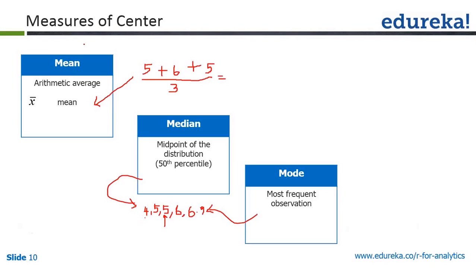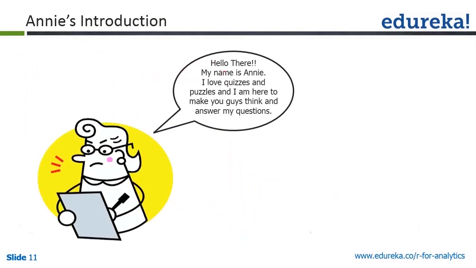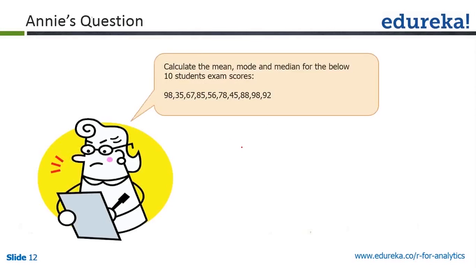Now let us try to emphasize these concepts using a small quiz. If you are used to Edureka, then you will know about Annie. She will be asking some quiz questions once in a while. All right, so let's take this quiz.